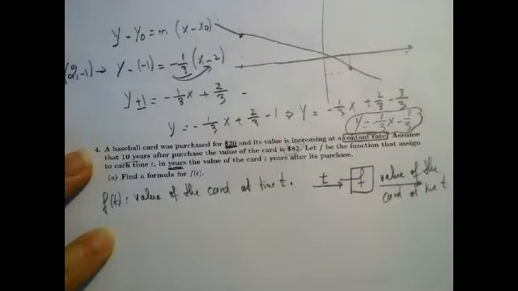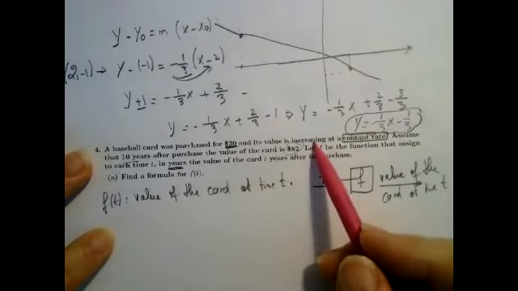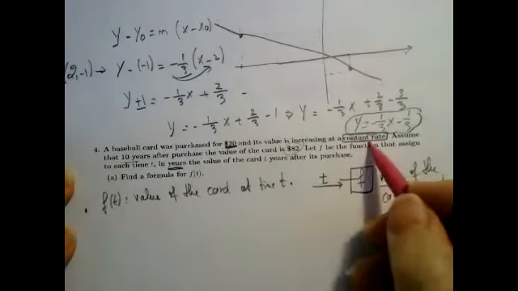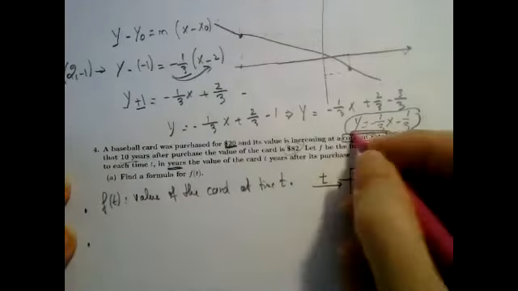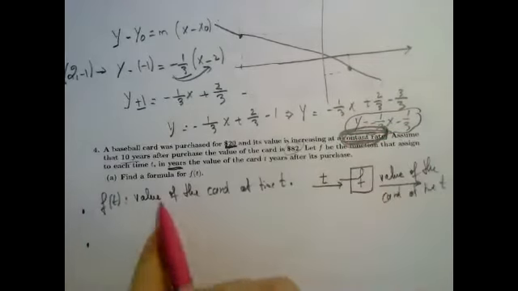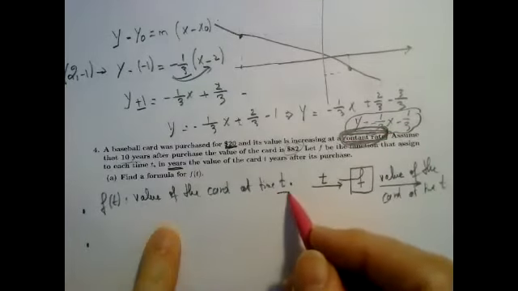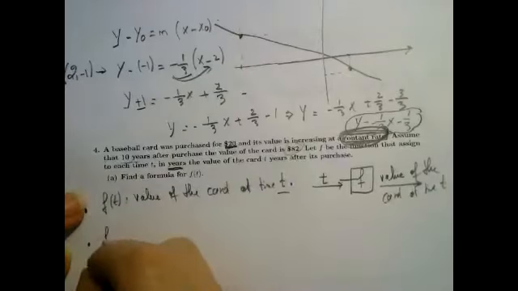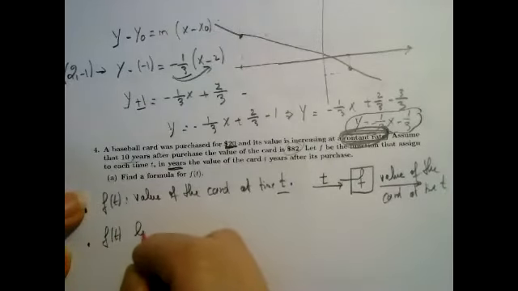Of course, as time changes, the value is increasing at a constant rate. Telling you that it increases at a constant rate means that as time goes by, the value changes by the same amount every unit of time. So f of t is a linear function.